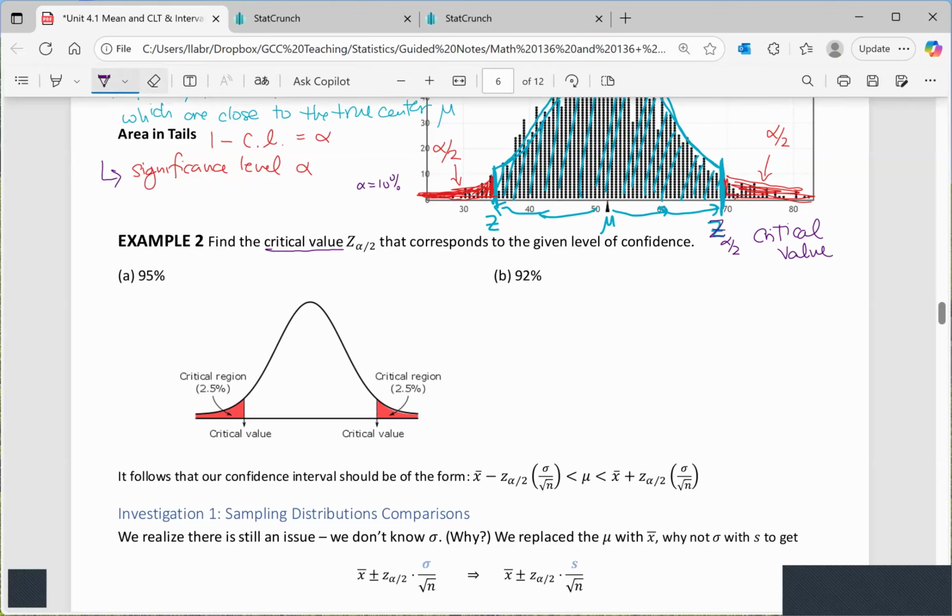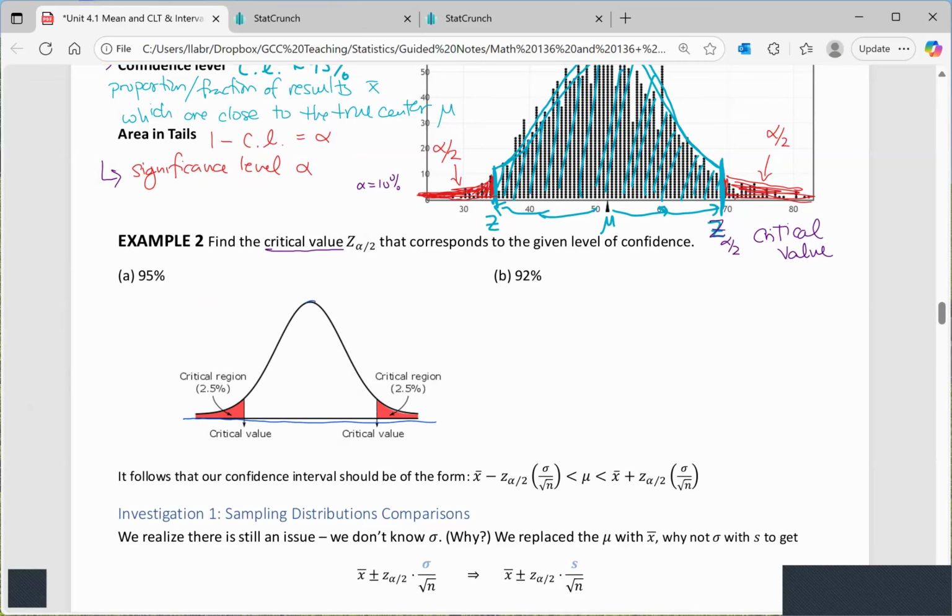Here's the way that I want you to do this. Whatever information is given, sketch your distribution. You know it's going to be normal. And then write this down. 95% confidence, that's the middle. So most of the observations will land here in the middle. We can see that. And then you go ahead and find the significance level. So this is my confidence level. So alpha is 1 minus the confidence level. So it's 1 minus 0.95. Because we have to remember that 95% is 95 out of 100.